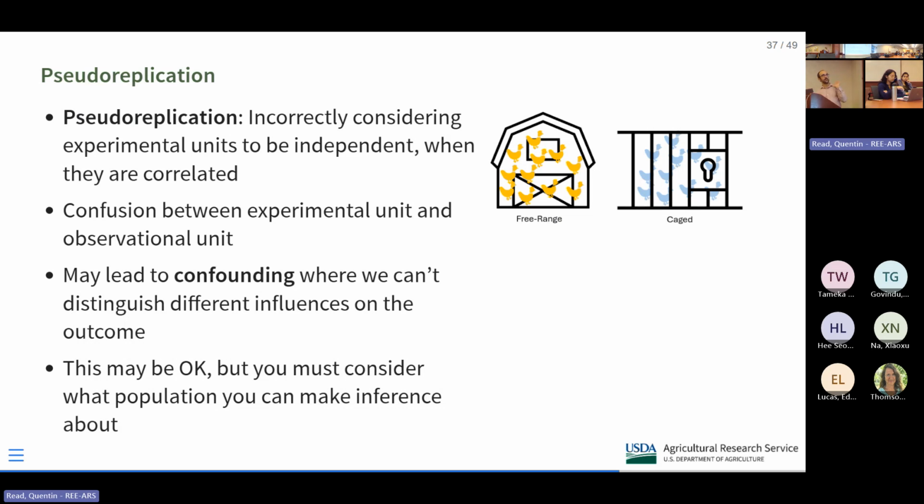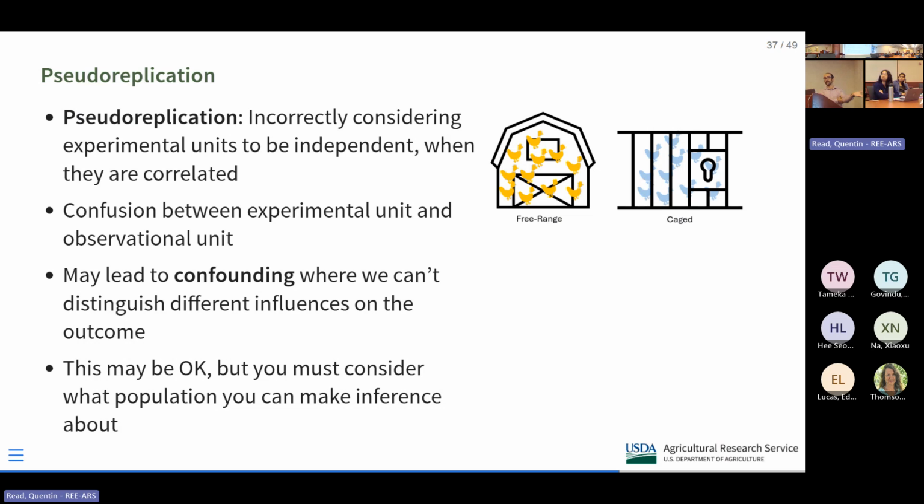I saw this with somebody who was doing a study on chickens. We want to know if free range versus caged hens have different egg quality. Well, they just had one barn that had all free range and one that had all caged.